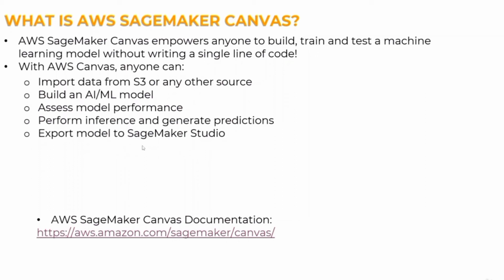For example, if you have people in your company who are business analysts, who don't know much about coding but are really good on the business side, they can leverage Amazon SageMaker Canvas and build a quick model without writing a single line of code. Once that model is trained, we can export it along with the data to SageMaker Studio.